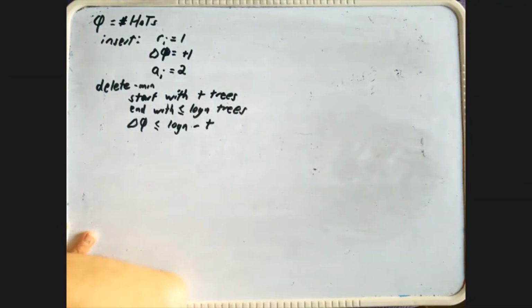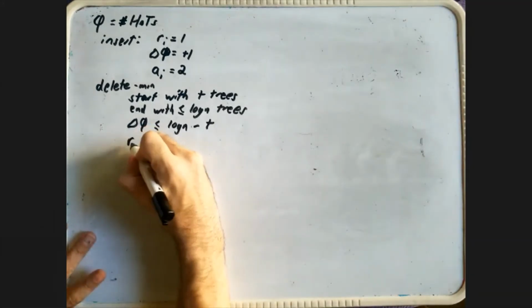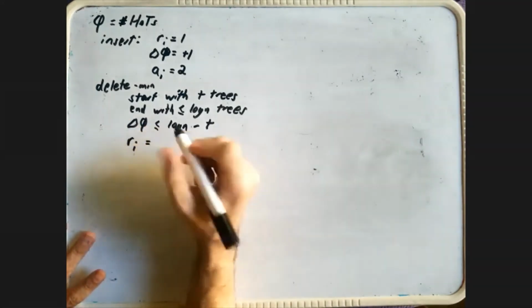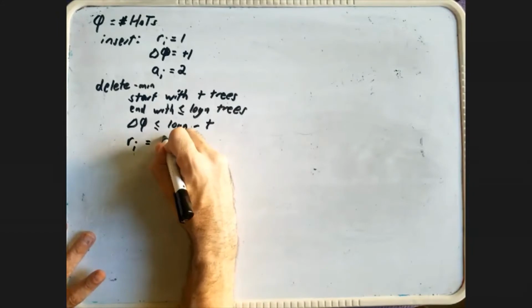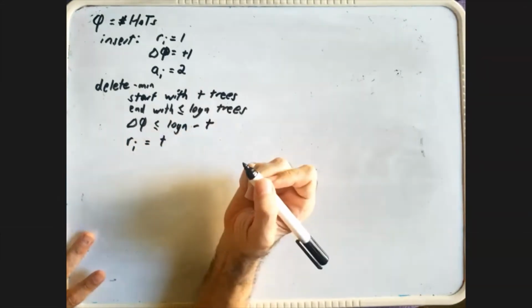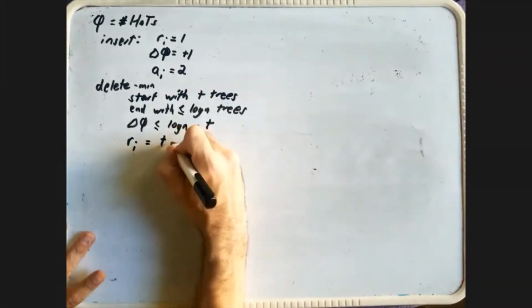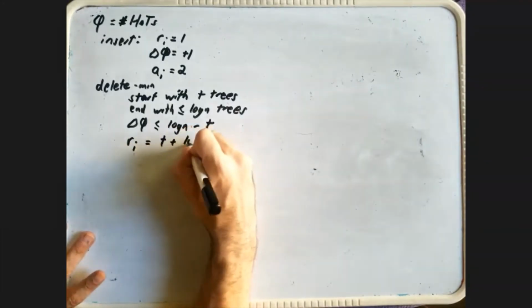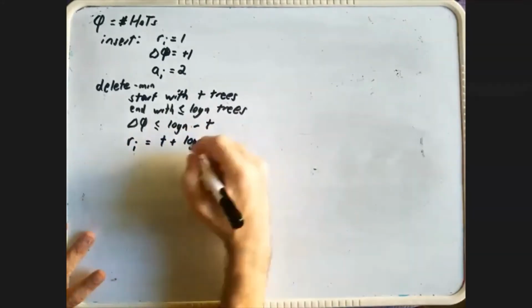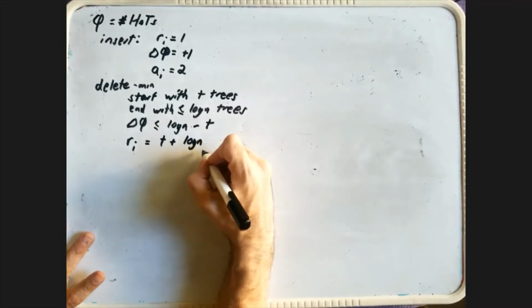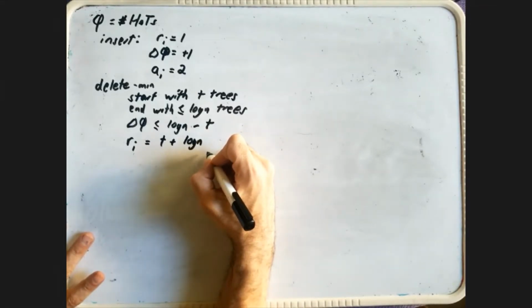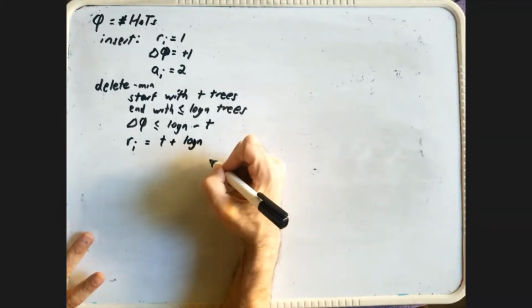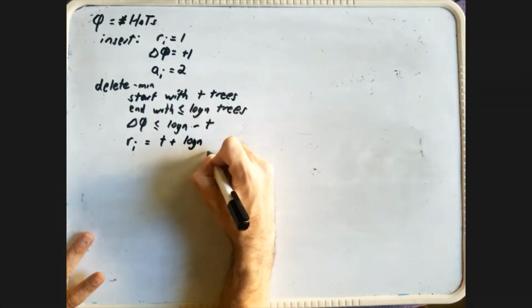Right? The real cost is equal to, well, we have to consolidate the trees, and that takes us T time. And we also create log n new trees. Where do those come from? When you remove the minimum, the subtrees will be split up.